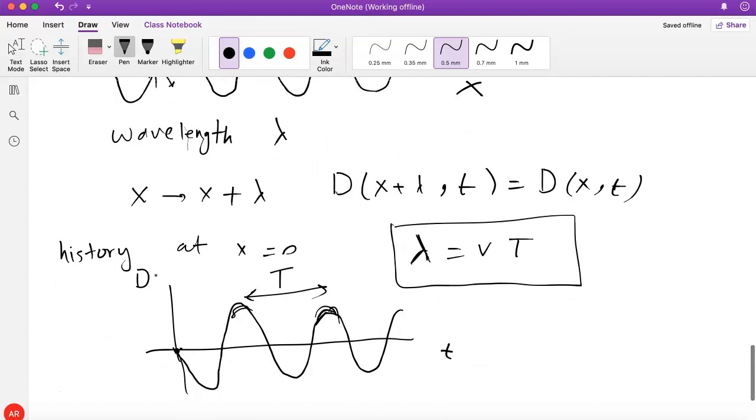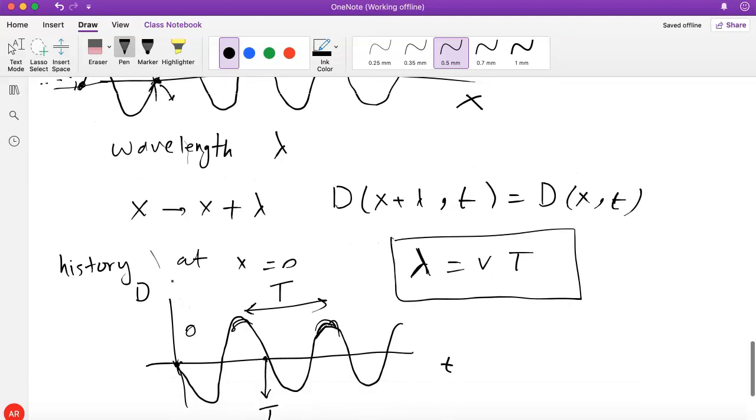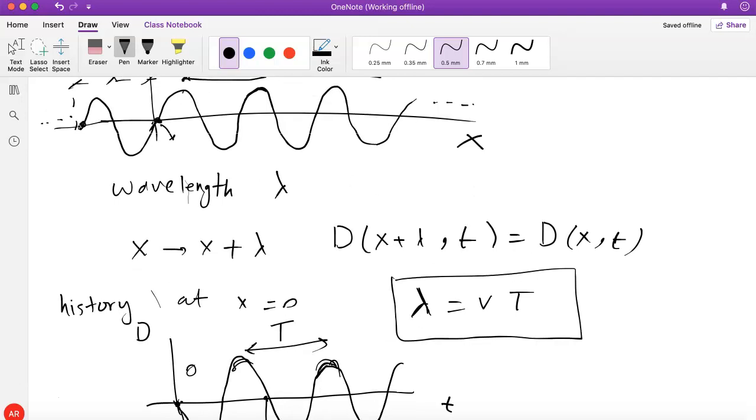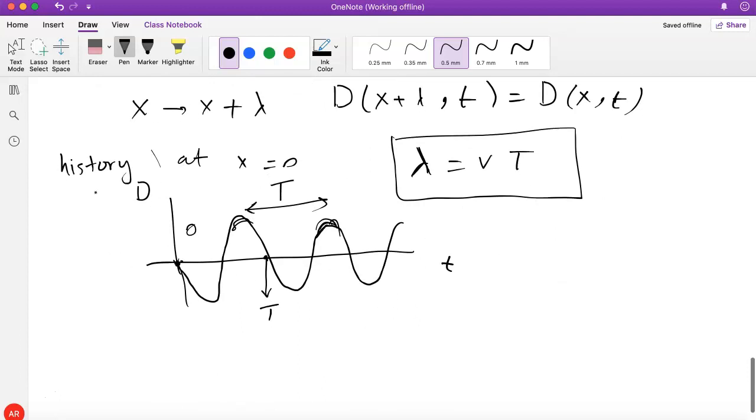So at time T, if peak to peak is T, if this is 0, this is also T. So time T is precisely when one full wavelength has gone through, and then we go back to the second 0. We see this height at this point.